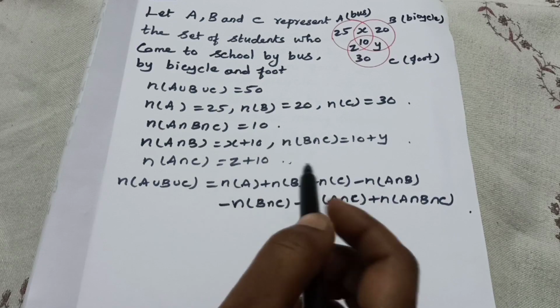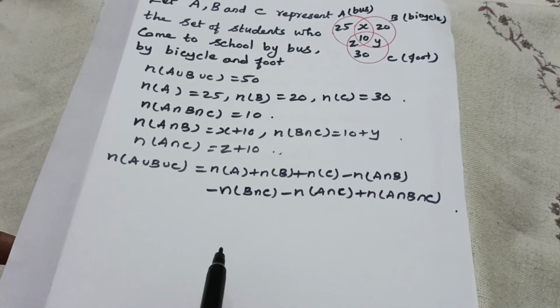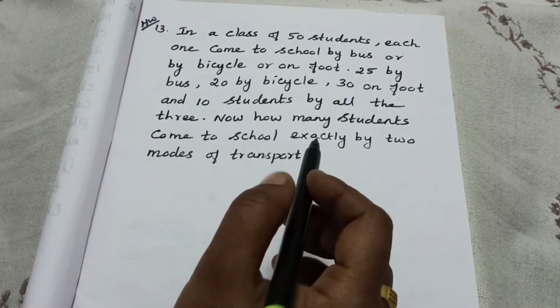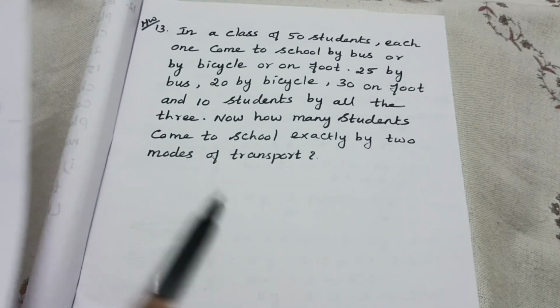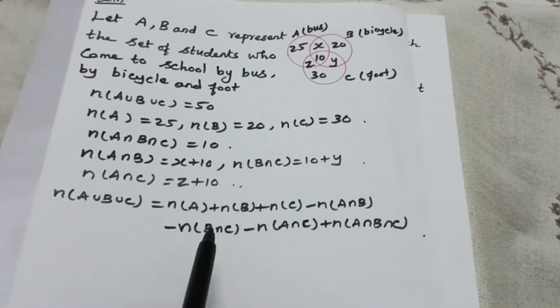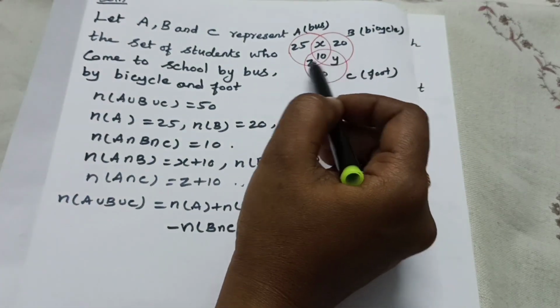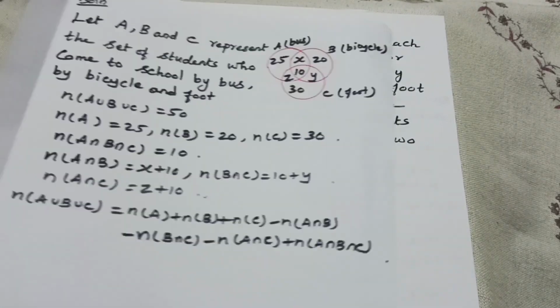Substitute all values and find X plus Y plus Z. That's the answer. Only one mode was not asked, so no problem. Exactly 2 modes means X plus Y plus Z only; you should find it and write the answer.